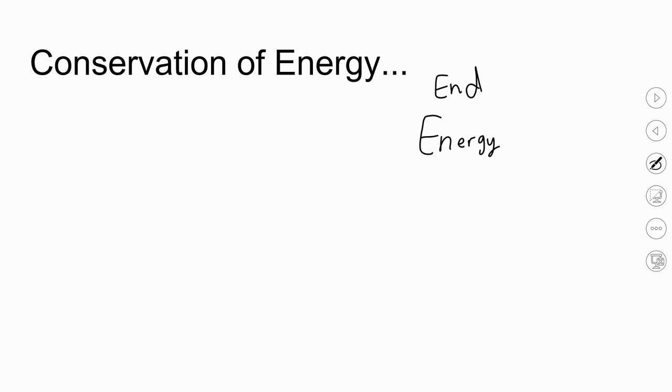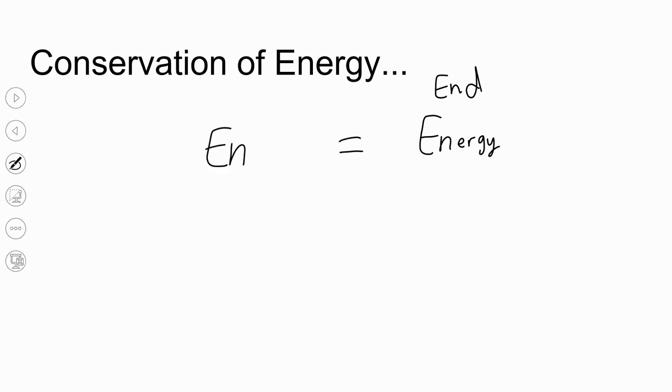The energy that we start with, in a regular chemical equation. So if we start with some energy, we have to keep track of it. It has to go somewhere. We can't just lose it. Okay. So the energy we start with has to be the energy that we end with. Good.